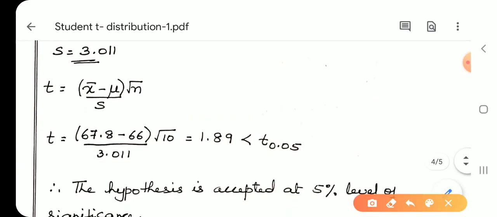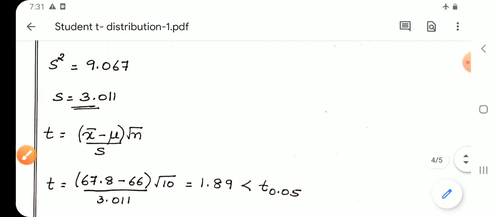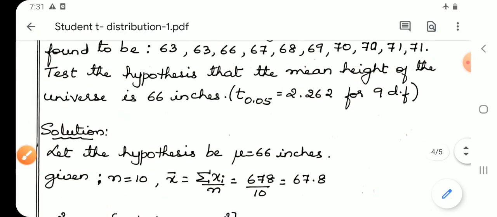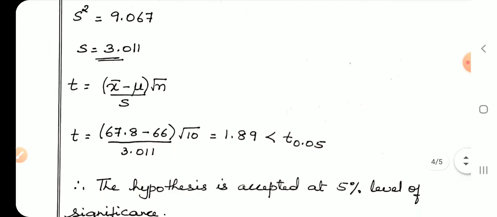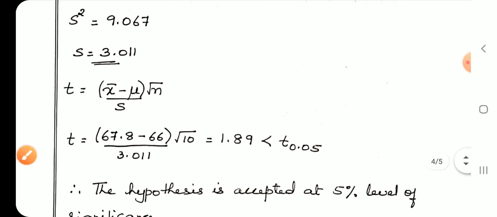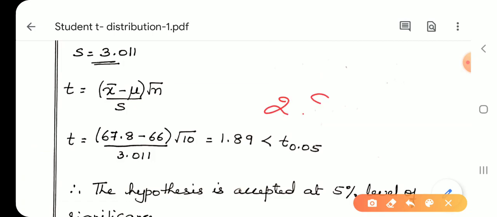So let us find the value of t. Put the value of x bar, mu, s and 10. You get the value as 1.89. The standard value given in the problem is 2.262. We have got 1.89. 1.89 is naturally less than 2.262.